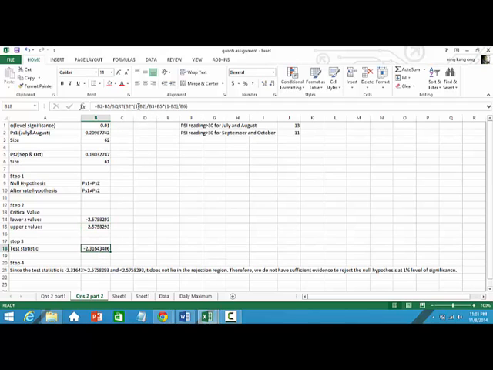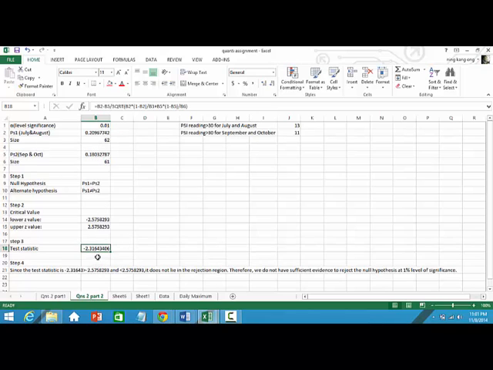So for the test statistic, you just have to input the formula: B2, the PS1 minus the PS2, over the square root of B2 times 1 minus PS1 over B3, which is the size, plus the formula of the test statistic.